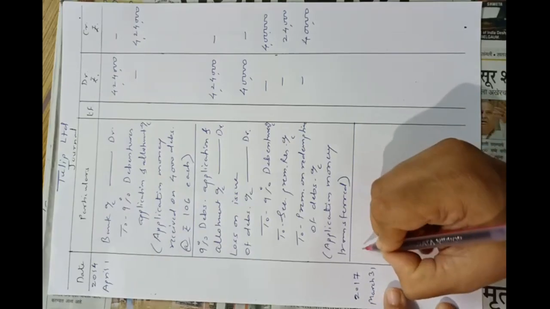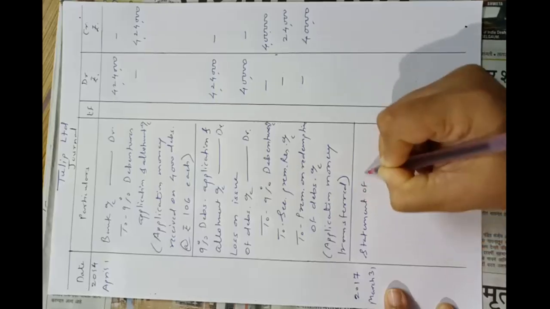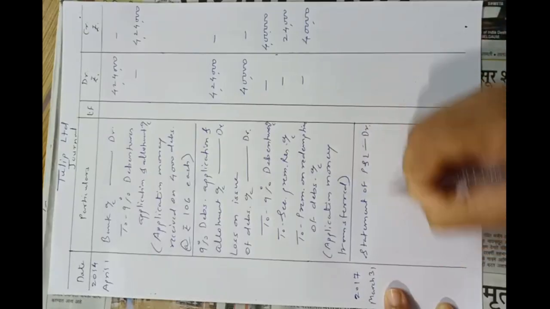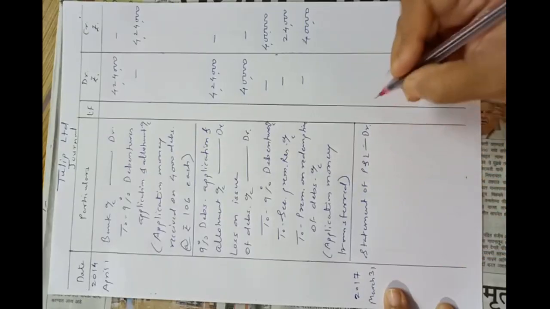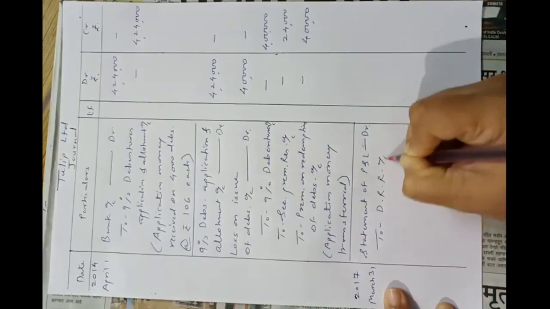So statement of P&L, that is profit and loss, debit to DRR account.